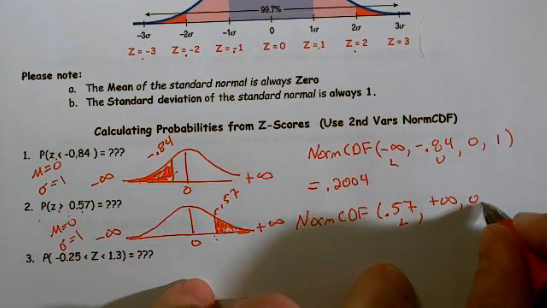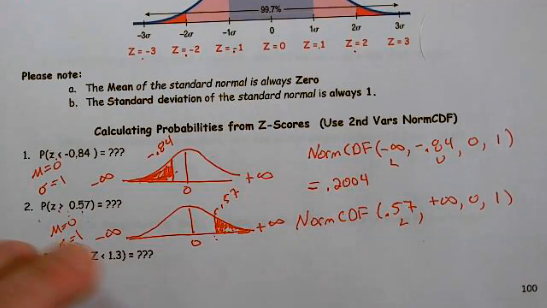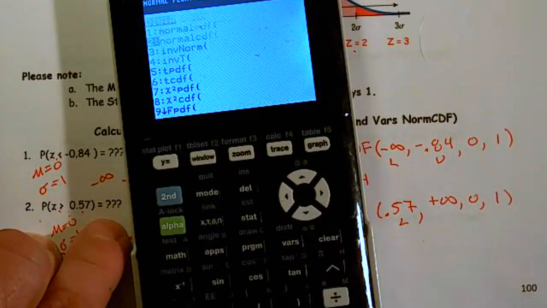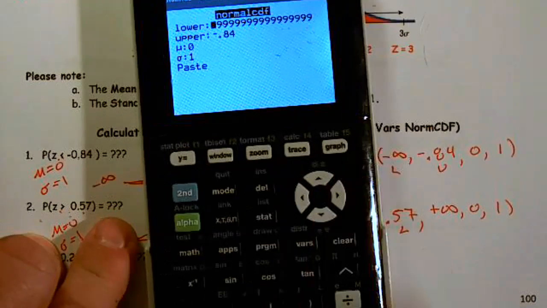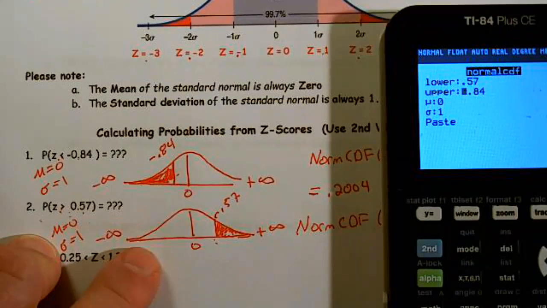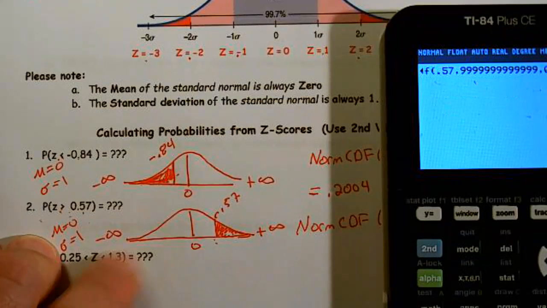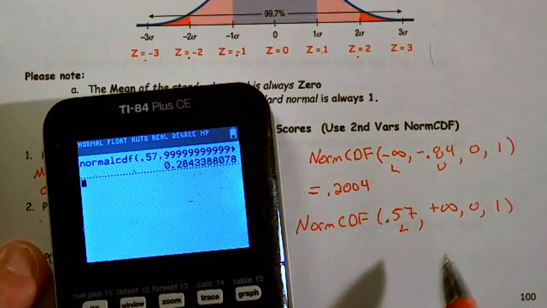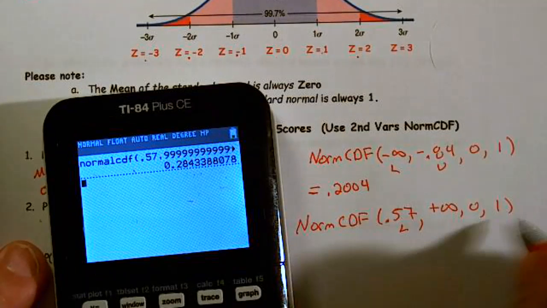So here we go. Second vars, normal CDF. The lower part of my shading was 0.57, the upper part was infinity. Mean is 0, standard deviation of 1. All right. And I end up getting 0.2843.